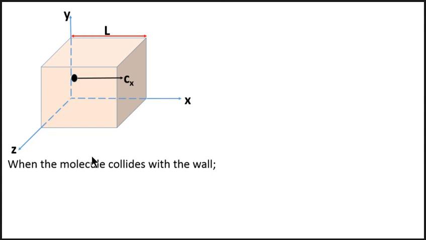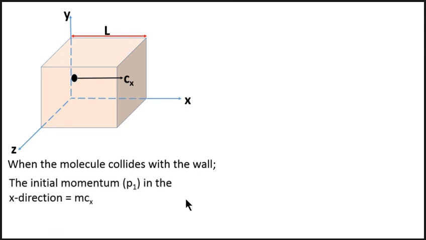So in other words, when the molecule collides with the wall, the initial momentum P1 in the x direction, because the molecule is moving in this direction, you can see the direction of the arrow, will equal m times cx, where cx represents the velocity of the molecule in the direction of x, while m represents the mass of the molecule.